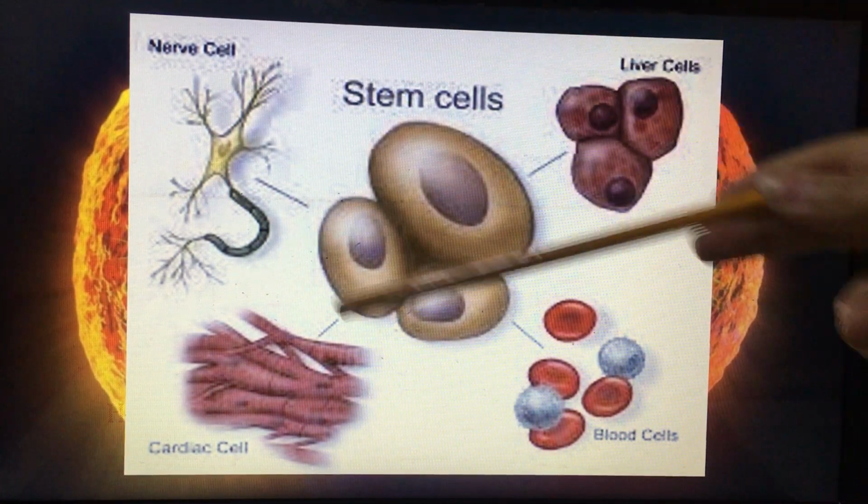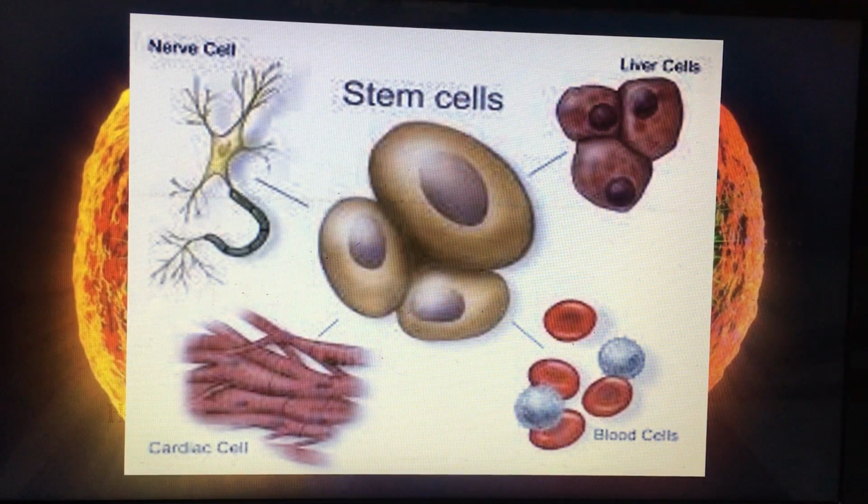So stem cells are unspecialized, but when they divide to produce other cells like nerve cells, liver cells, or blood cells, they become specialized for specific functions. Each cell has its own function. So here I give you two examples of mitosis in animals.